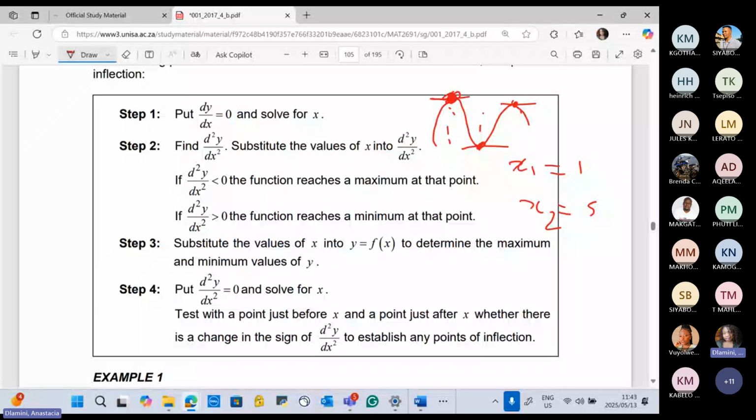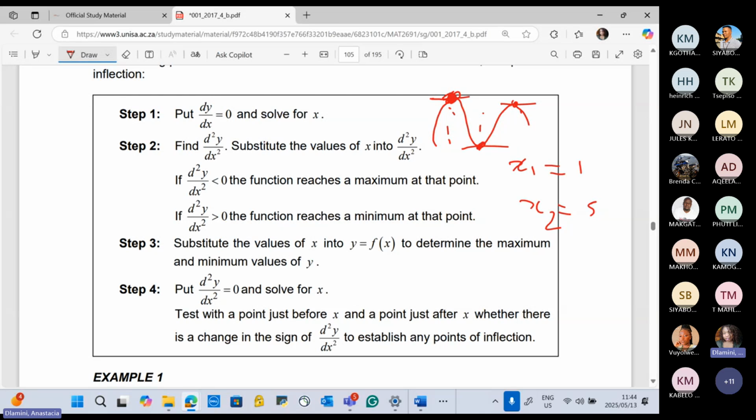We find the second derivative and substitute the values into it. We take those x values, x1 and x2, and put them in the second derivative. If the value you find in the second derivative is less than 0, what does less than 0 mean in mathematics? You are not first years, I know you know this.